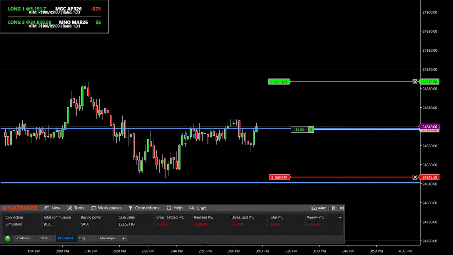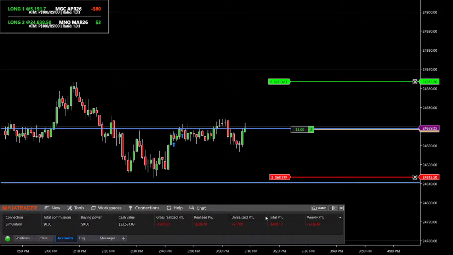And the 15-minute on MNQ looks boring as hell. Still mostly bearish.